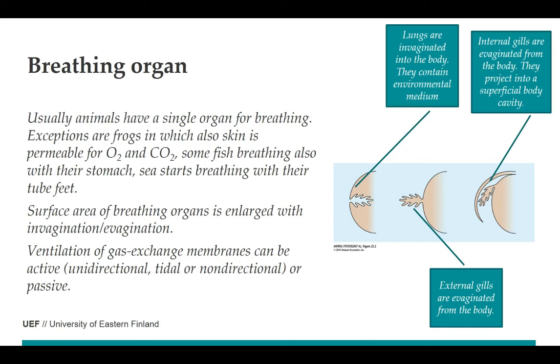So there's all the time a small flow of, for example, water around them, and so they rely on the fact that there will anyway be some oxygen-containing water available for the gills, so it's non-directional.